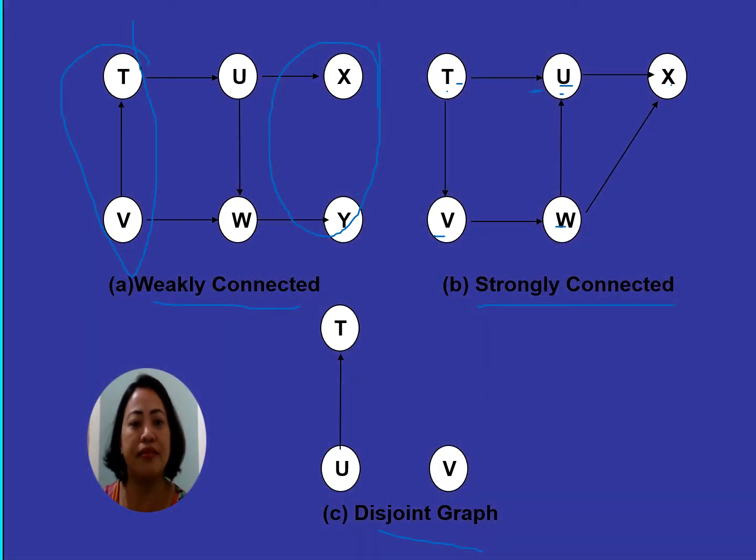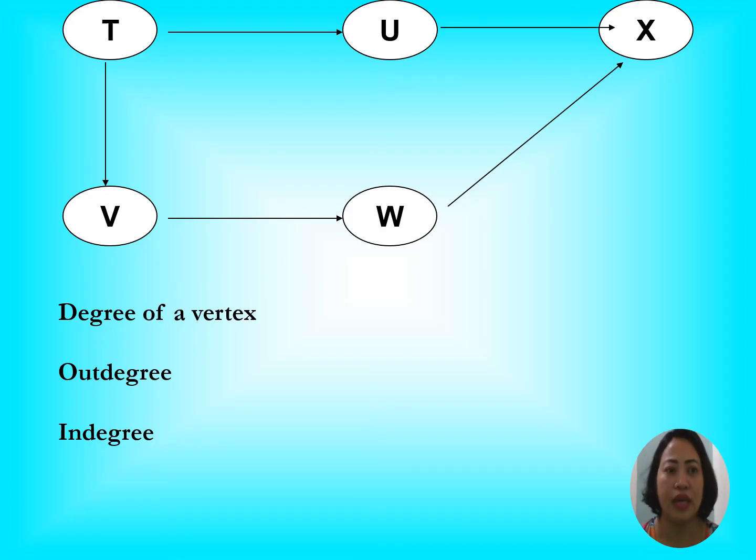Moving forward. So we have now degree of a vertex, out degree, and in degree. When we say degree of a vertex, it is the number of lines attached to that vertex. So let's say we have vertex T. What is the degree of vertex T?